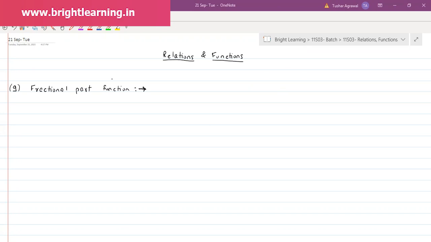Now the fractional part function is denoted by f of x, and this is again a real valued function from R to R. The symbol is x in curly braces. Instead of giving the definition, I'll give you the meaning.